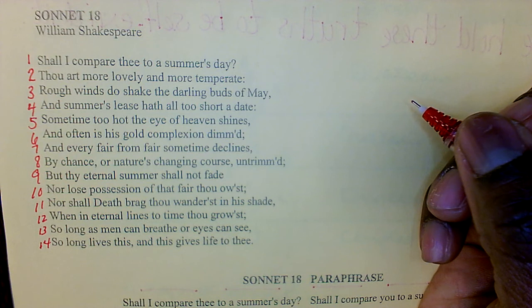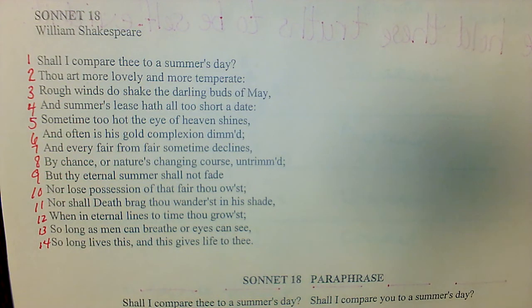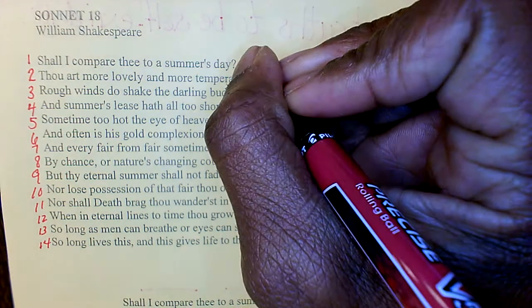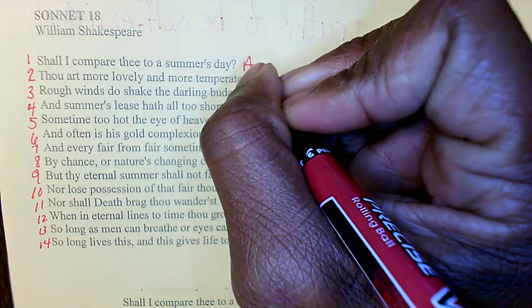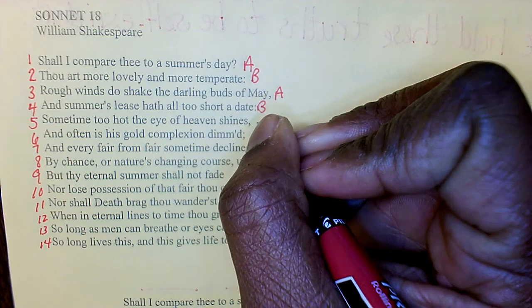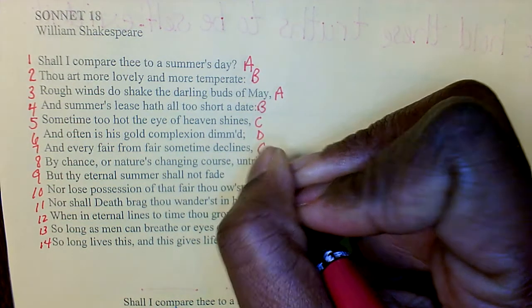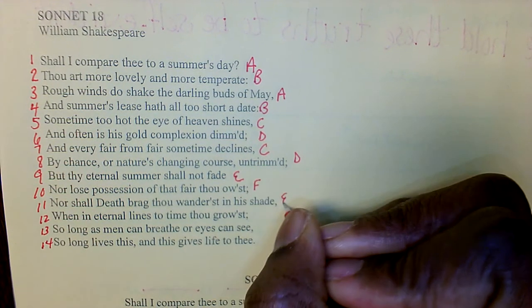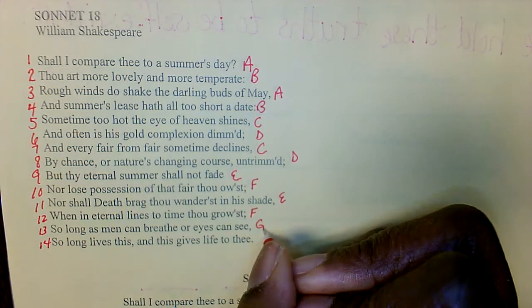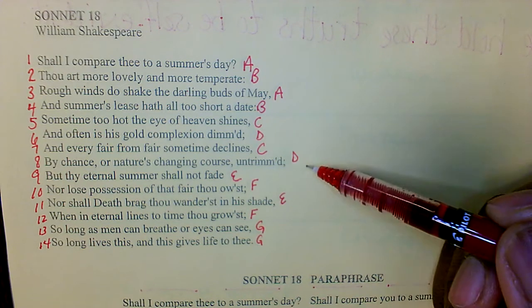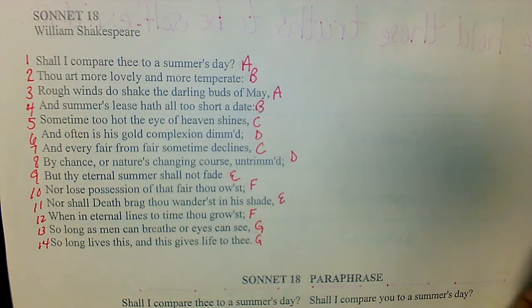So you are going to hit pause and come back. Okay, you are back, and you will note that the rhyme scheme looks something like this. It is A, B, A, B, C, D, C, D, E, F, E, F, G, G.